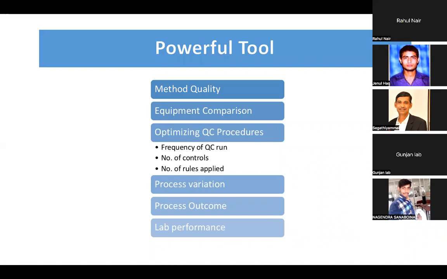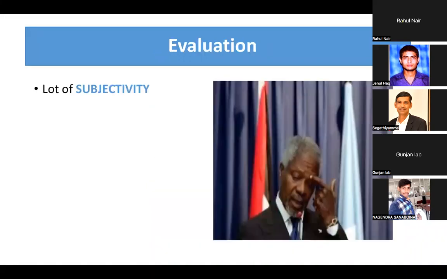You can compare different laboratories also. The problem is, if we try to carry out all these things, there is a lot of subjectivity. And we want objectivity. Whatever we are saying, we should have some data with us. This is a common saying: people believe in God, but for all other things, they want data to believe.